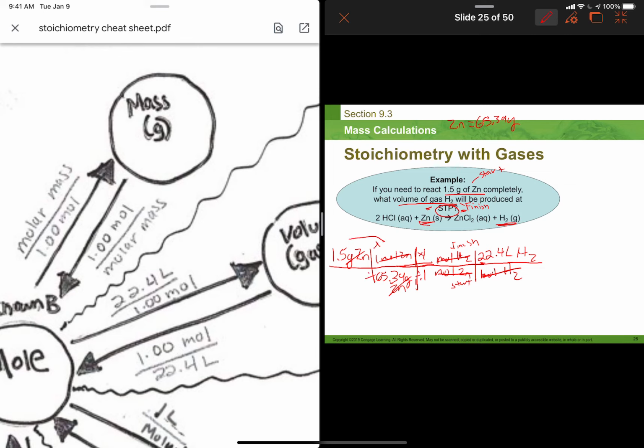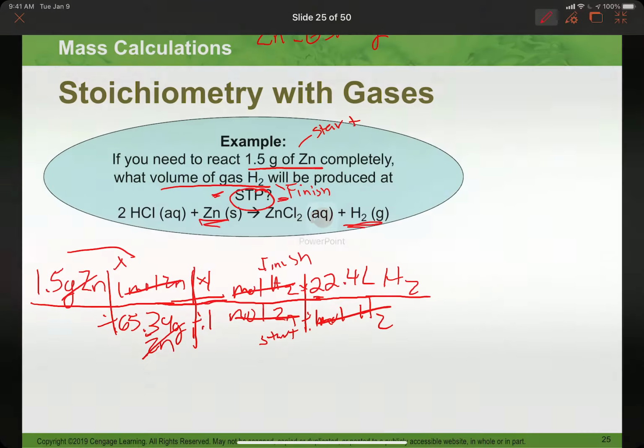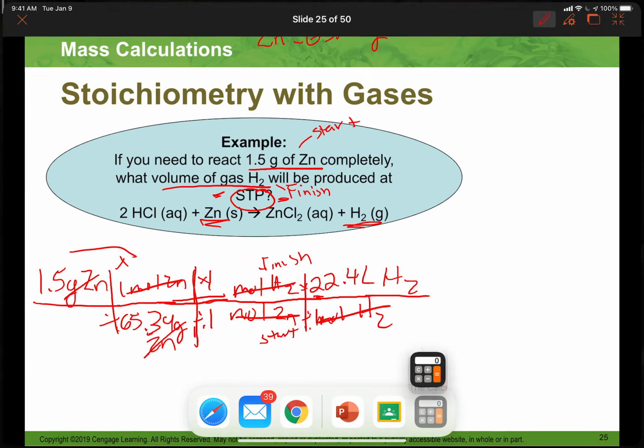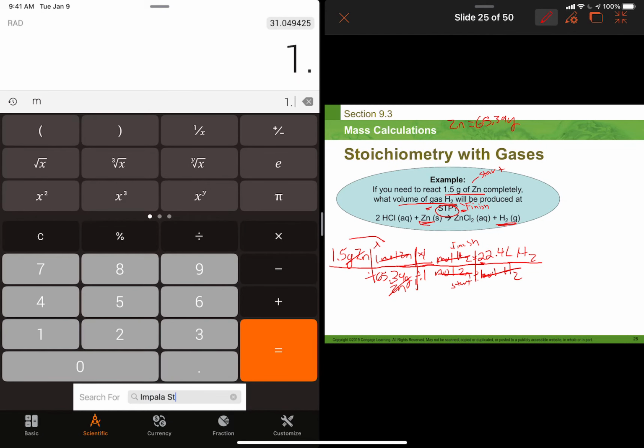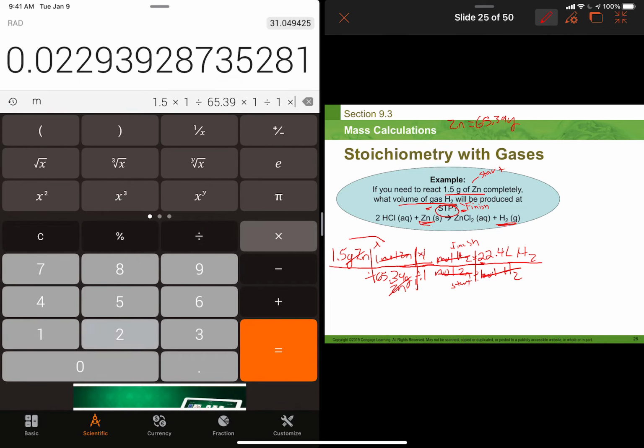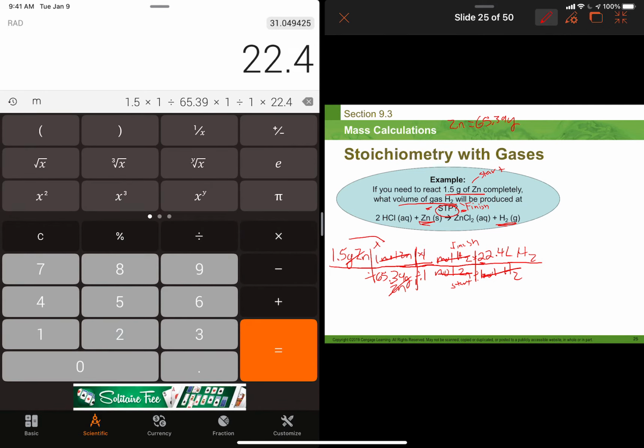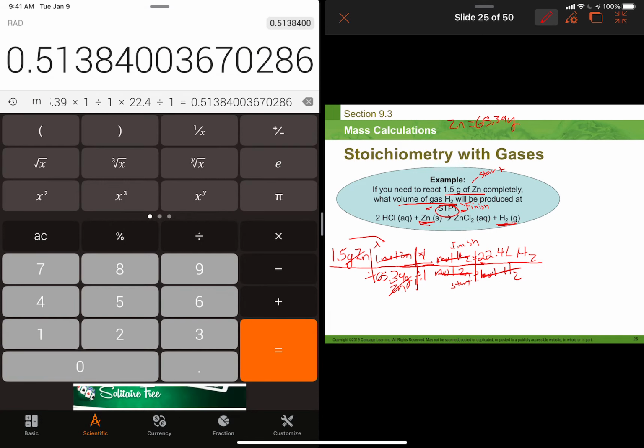So use your calculator: 1.5 times 1 divided by 65.39 times 1 divided by 1 times 22.4 divided by 1, and we finally have 0.51 liters of H2.